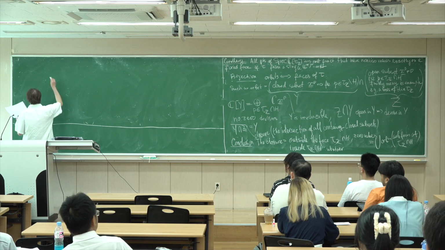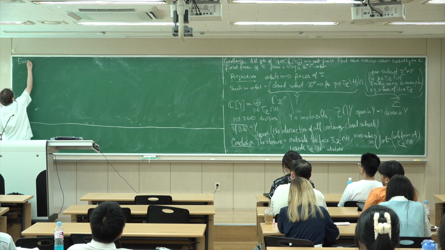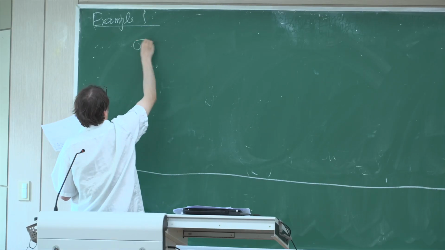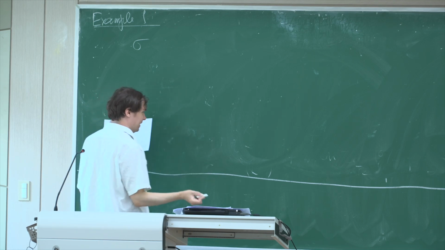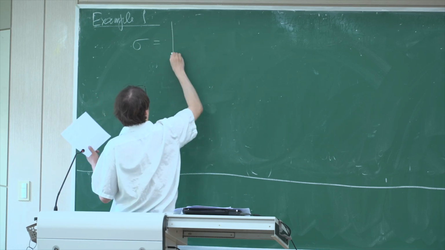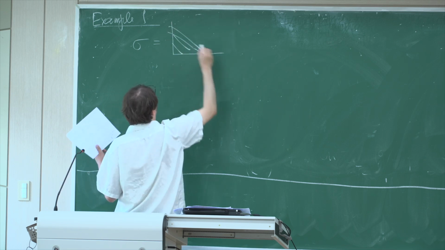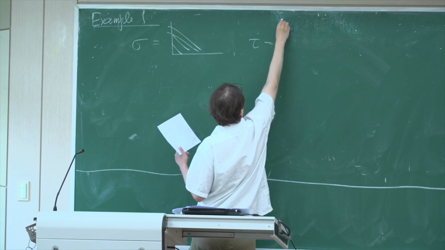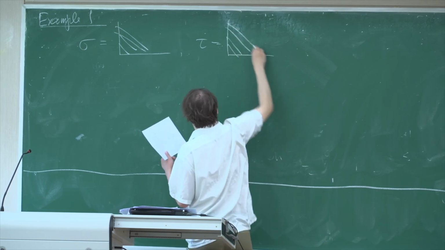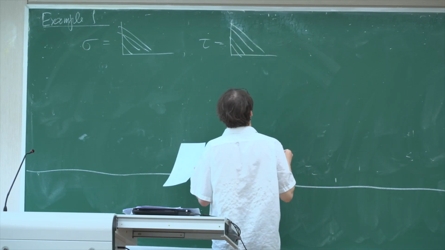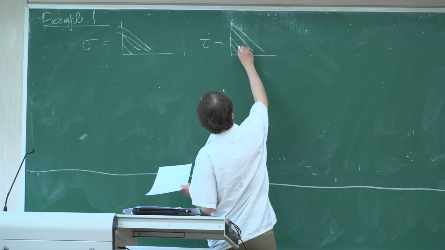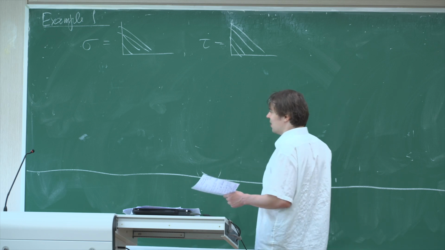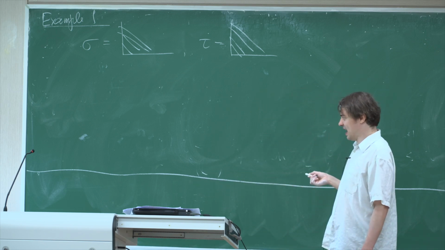So the first example, we start with a cone sigma in the dual lattice of the character lattice. This will be the positive x, y values. Then, as we know, the dual cone looks the same. And we have 4 orbits corresponding to the 4 faces. So here, inside, we have a multiplicative function which has non-zero values everywhere.